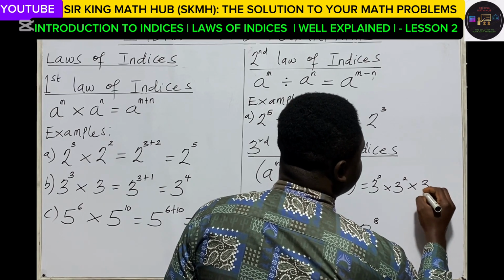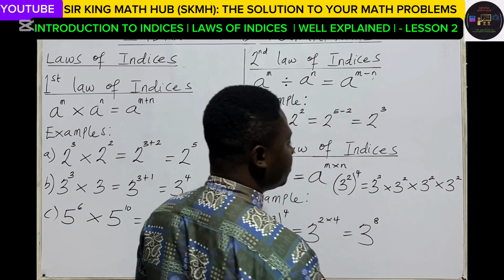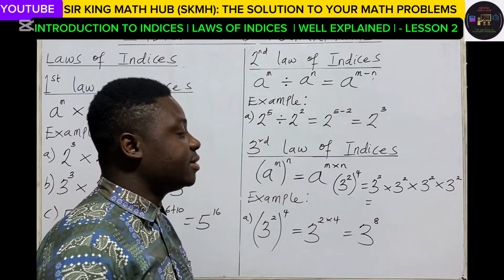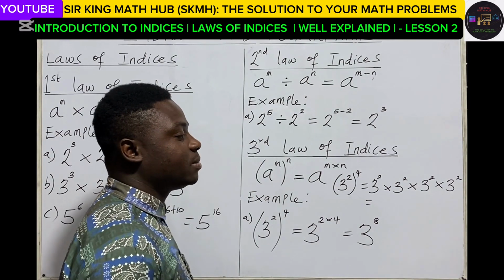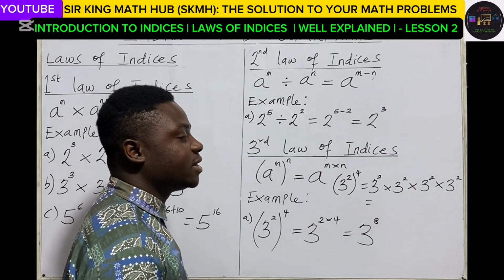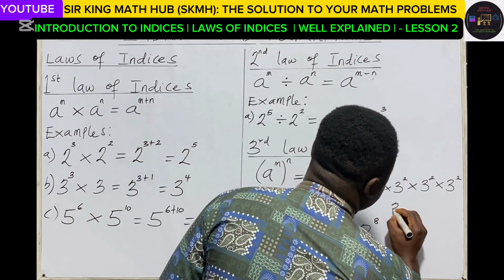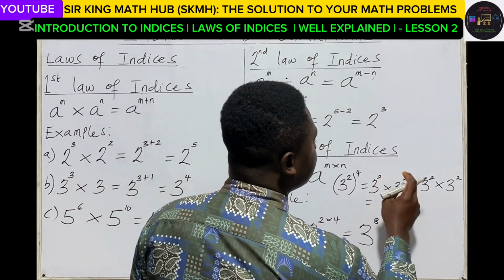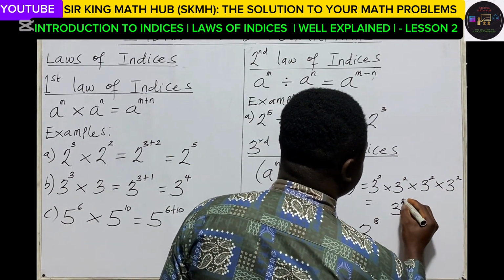And then also from the first law of indices, when the bases are the same and these indexes are multiplied, what do we do? We write one of the bases and then add the exponents. So 2 plus 2 plus 2 plus 2, that is 8.